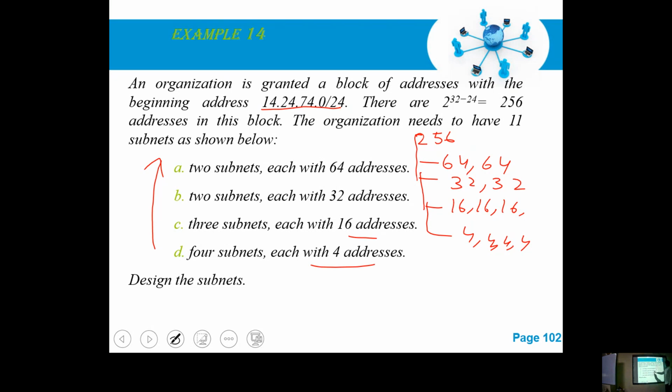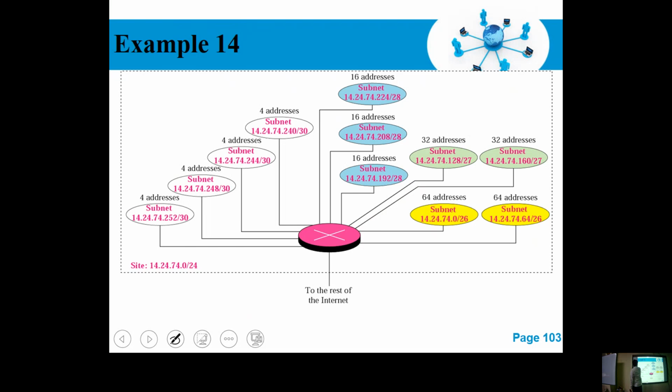First make these, then these, then these, then this. Because the way you are progressing, I can also come from the bottom, right? About that one, we will address when we discuss the concept called longest mask matching. What happens if I go with the bottom? We will address it there.